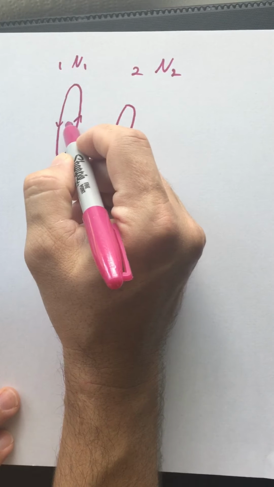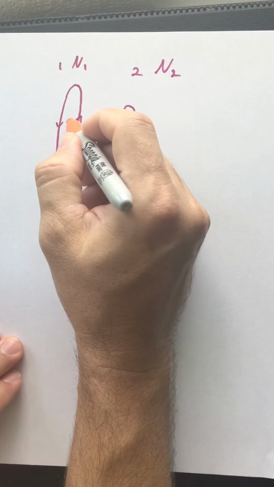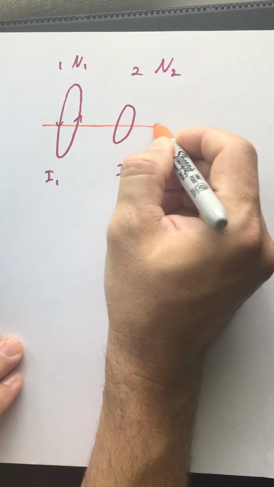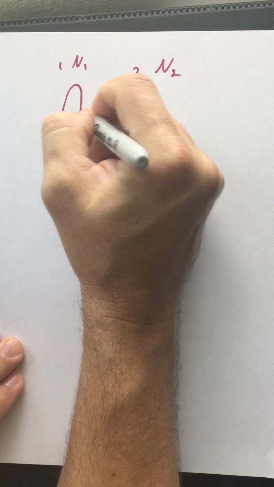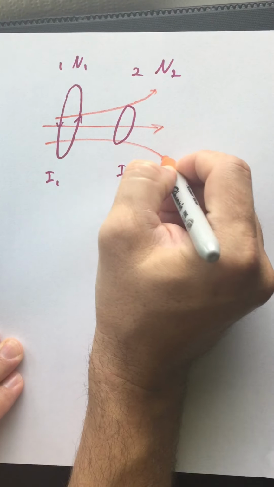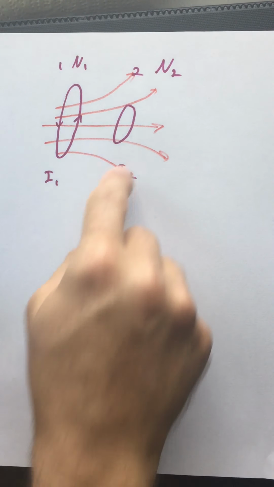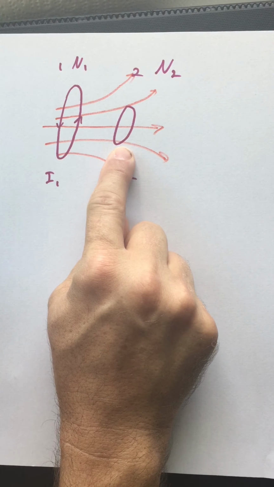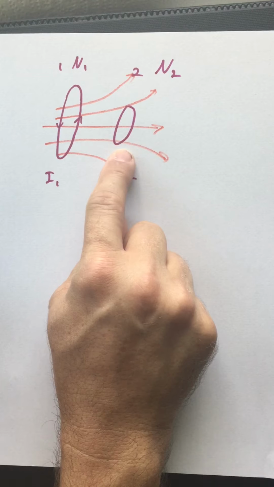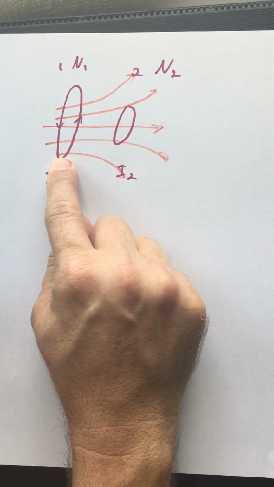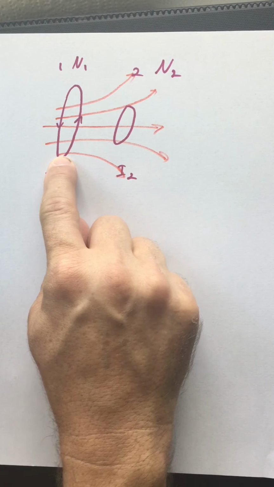At the very center, it would look something like this, and then it's going to go out from there, as we know coils do. But the point is, there will be a flux through the second coil due to the magnetic field of coil 1.